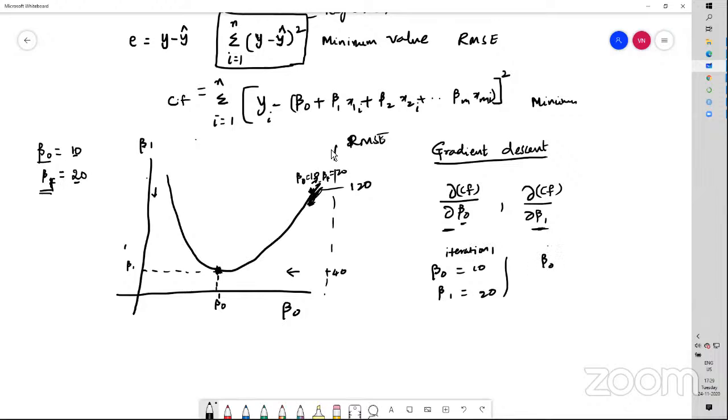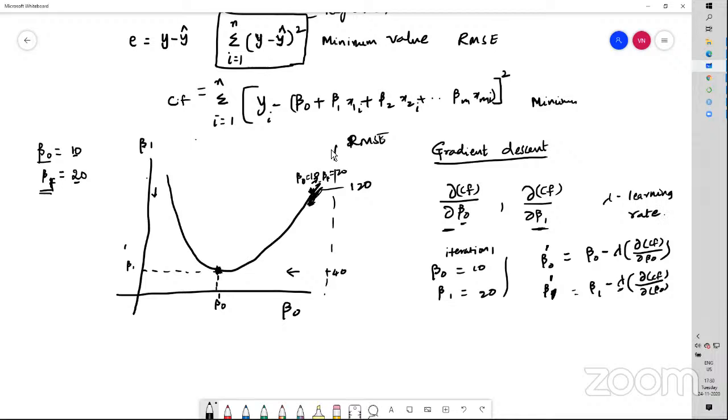Then for the second iteration, beta naught is equal to the initial value of beta naught minus lambda times the gradient, dou of the cost function divided by dou beta naught. Similarly here, beta 1 minus lambda times dou of the cost function divided by dou beta 1. Now this lambda here is called the learning rate.